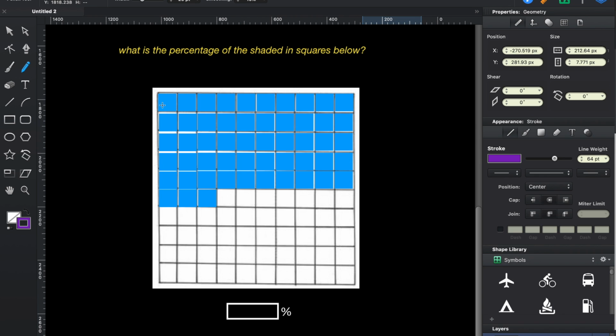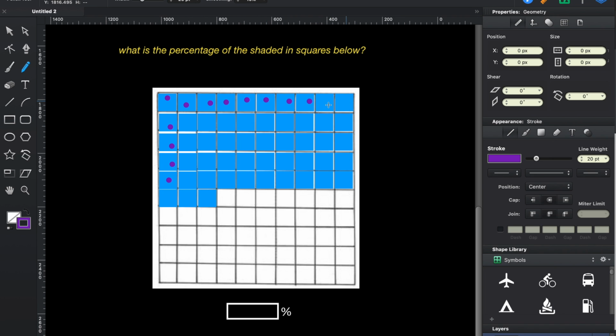So we have to count these squares. What I usually do is make as big a square as possible. First I'm going to ignore these 3, so pretend those are not there. I'm going to count all the squares in here, which is easier because we can use multiplication. We have 1, 2, 3, 4, 5 by, and we know this way is tens, but you can count 1, 2, 3, 4, 5, 6, 7, 8, 9, 10.